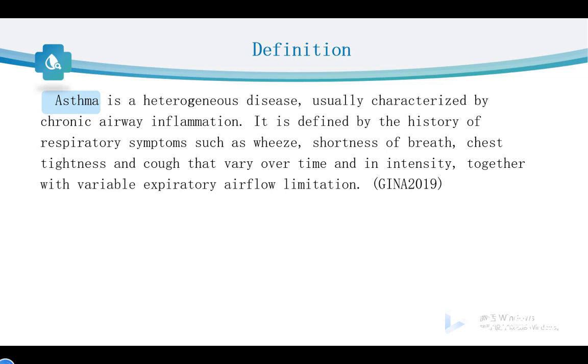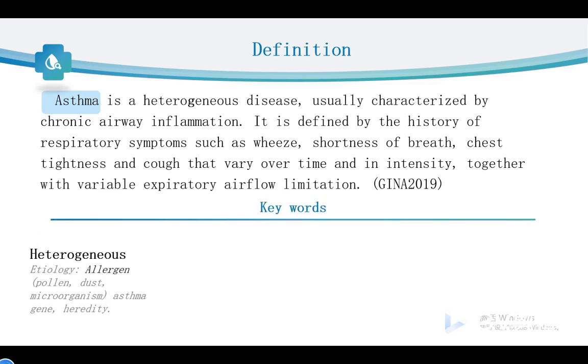The definition of asthma is complicated, but we can try to pick out some keywords to help our understanding. The first keyword is the heterogeneous. It's about the etiology of the asthma.